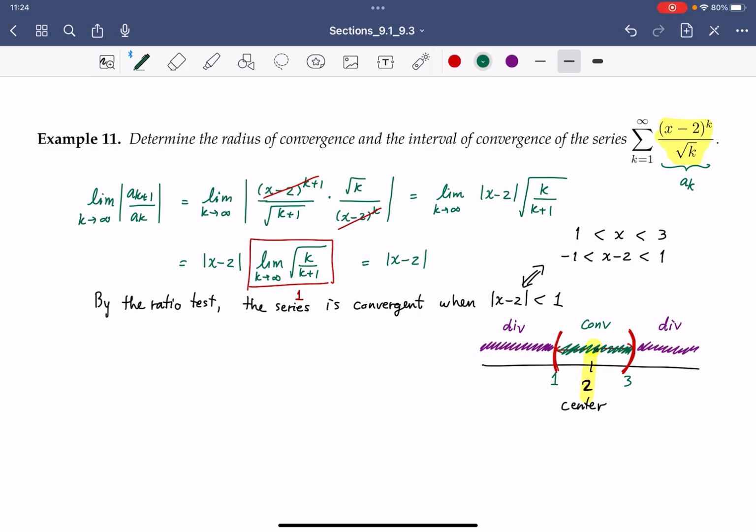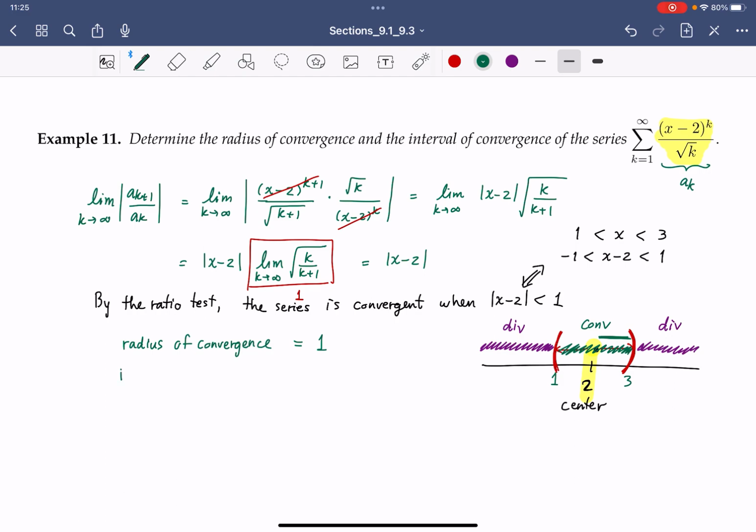So right now you can already answer that the radius of convergence is going to be 1, because the radius is 1 from 2 to 3 or from 1 to 2.